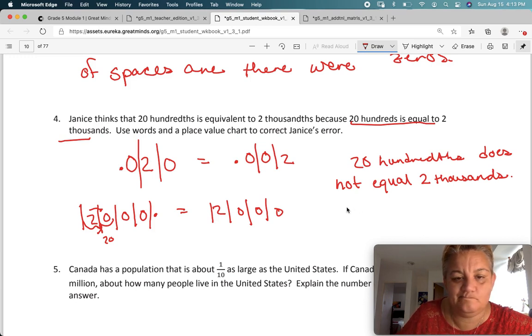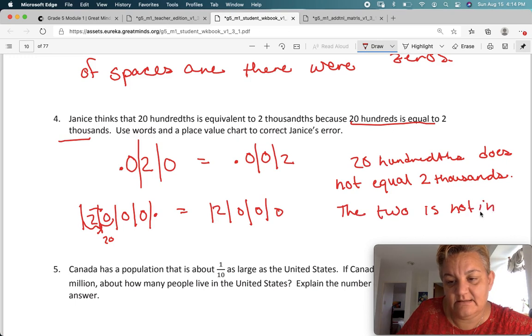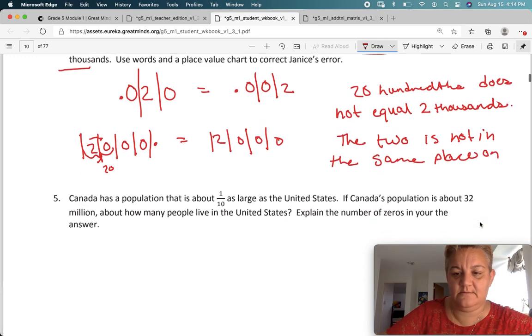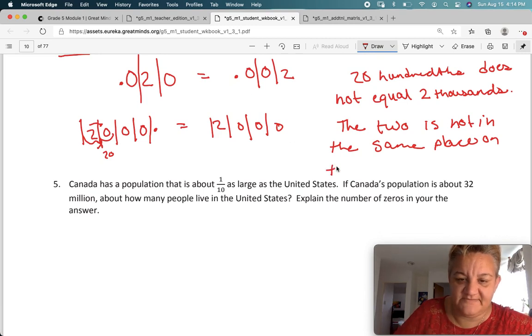And then we could just say, please, let's see. The 2 is not in the same place on the place value chart. Okay.